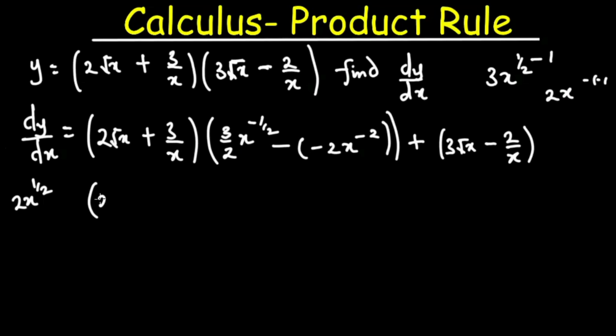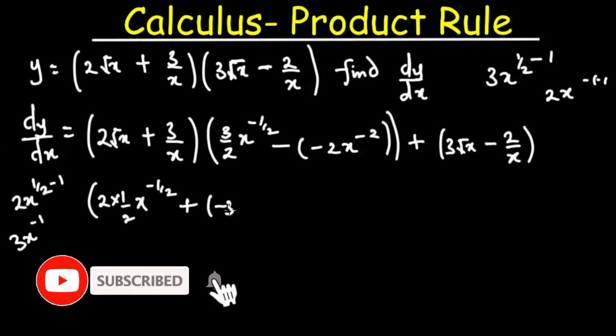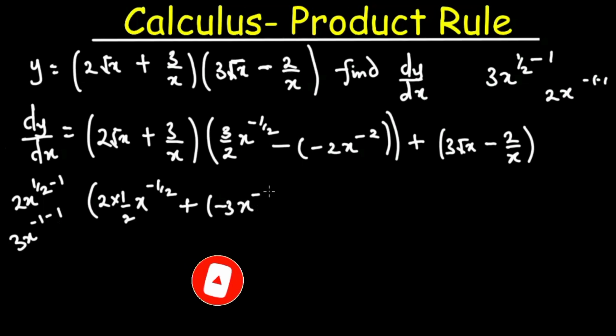You have 2 multiplied by half, then x, half minus 1 is minus half. Then plus 3 over x is the same as 3x raised to the power minus 1. So this will be minus 1 times 3, which is minus 3x to the power of minus 1 minus 2. Alright? And so we can now simplify.